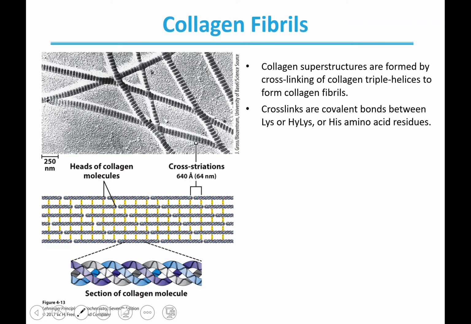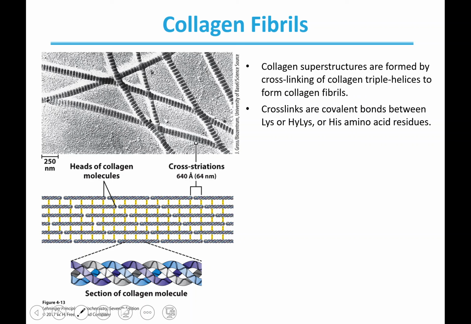So collagen superstructures are formed by cross-linking these triple helices together to form what are known as collagen fibrils. And here's an electron micrograph of collagen fibrils. What's going on in these is you have these triple helices. So you have 3 collagen chains interwound in the triple helix.